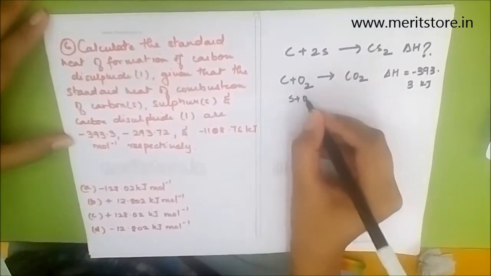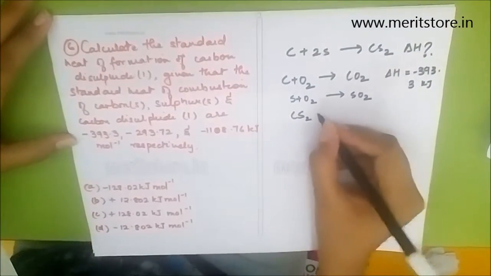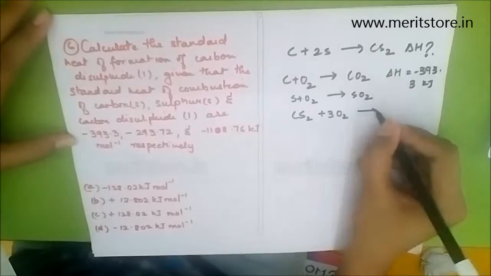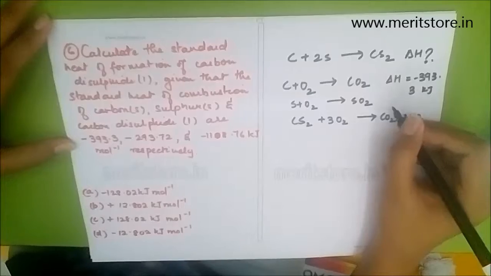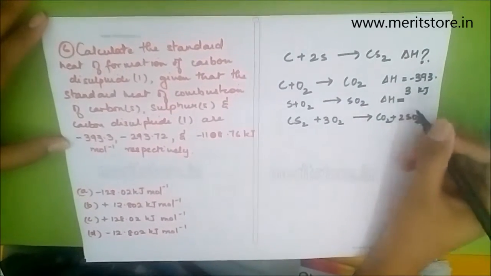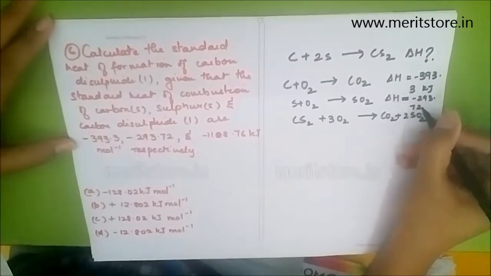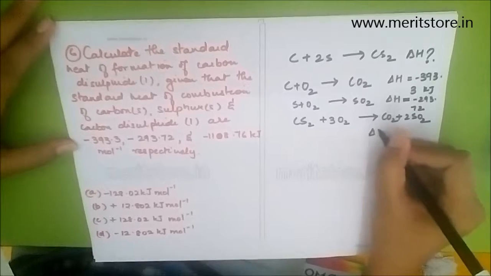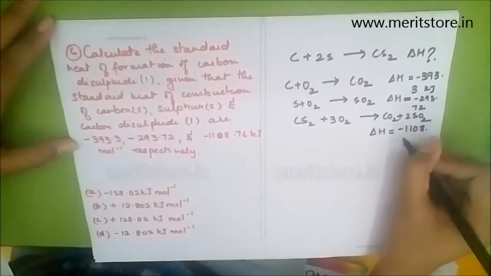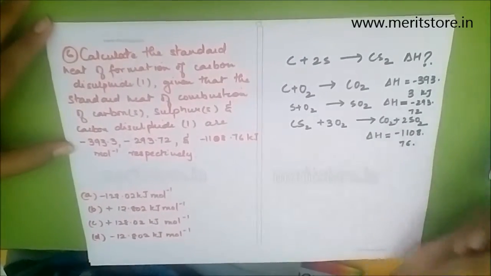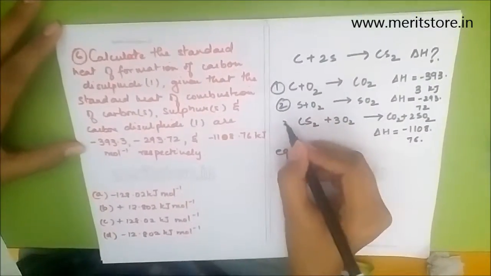Then the formation of sulfur dioxide, which is associated with the heat change of minus 293.72, and the final reaction is associated with the change in enthalpy of minus 1108.76. Now, let's name the equations 1, 2 and 3.